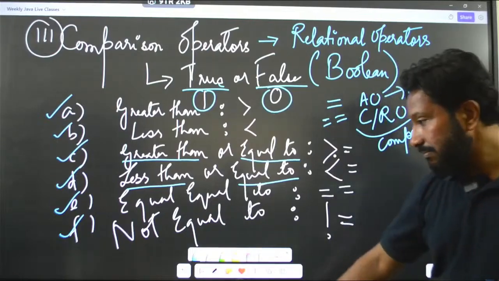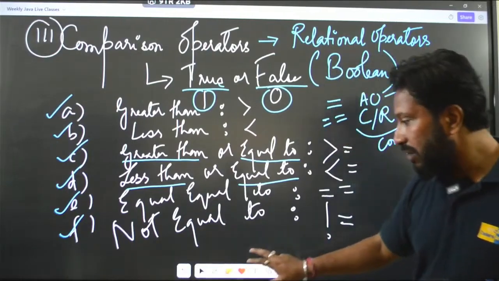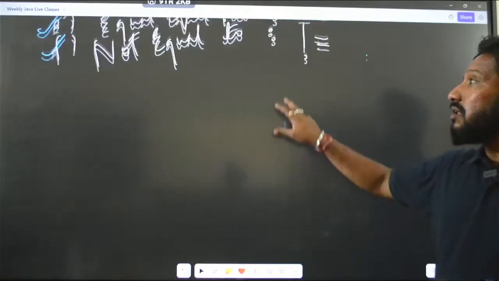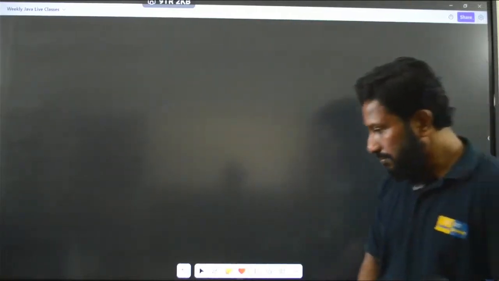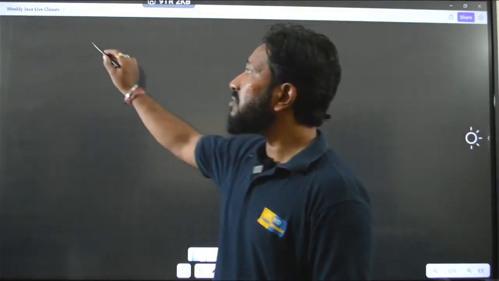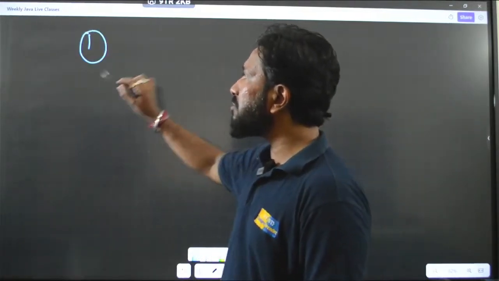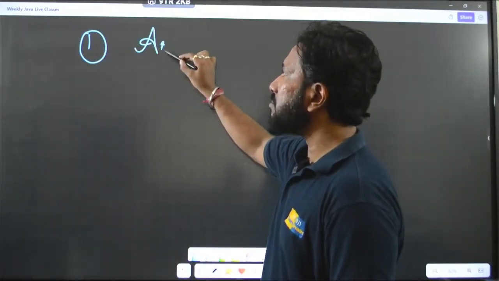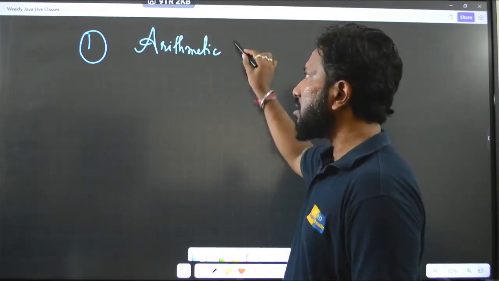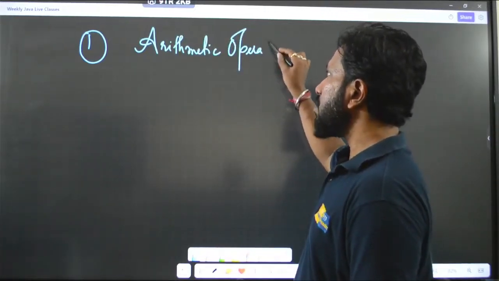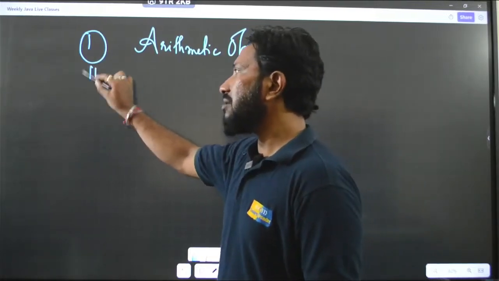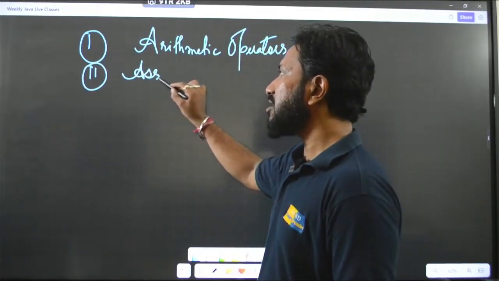And at the same time, let me just tell you what we are going to cover in the next sessions, and I will give you a brief roadmap about this. So what I was telling is, now we are done with arithmetic. So this is completed. Then we have the second one, which is the assignment operators.